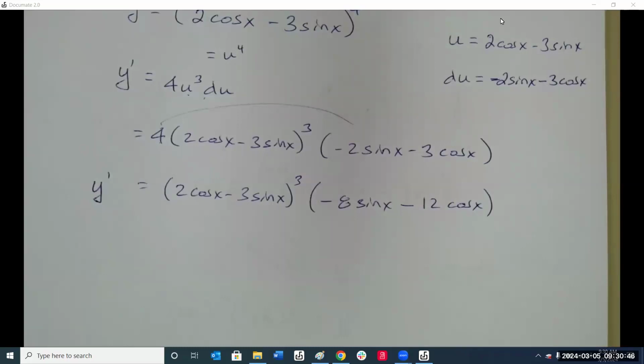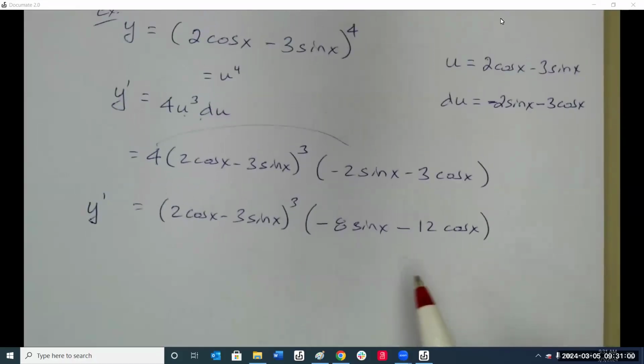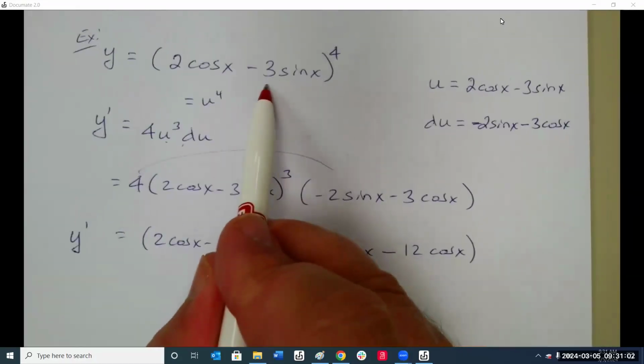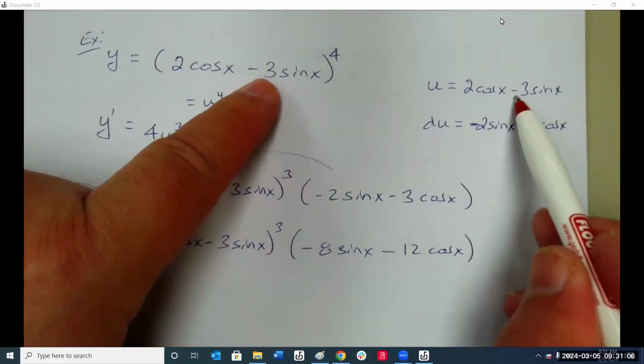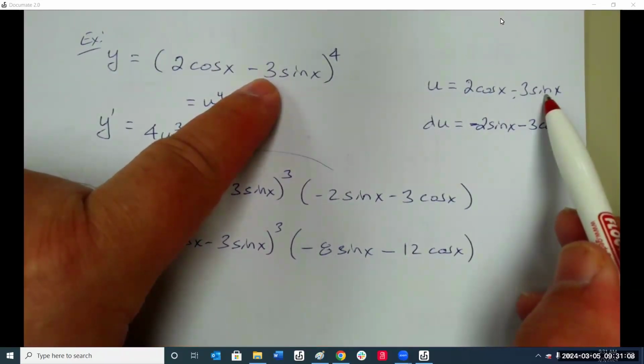So you don't count the negative of the sine as a negative sign, and then when you turn it, it goes to the cosine. So the derivative of sine is what?